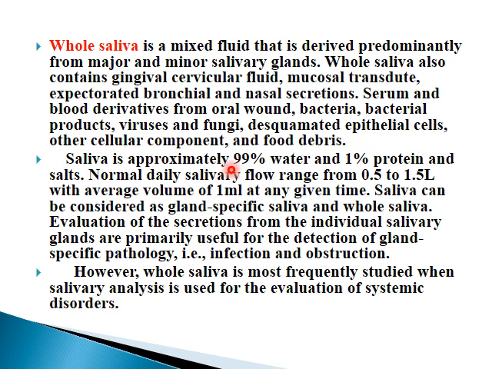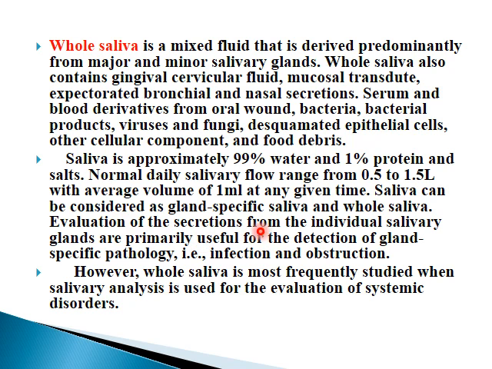Saliva is approximately 99% water and 1% protein and salts. Normal daily salivary flow ranges from 0.5 to 1.5 liters, with an average volume of 1 ml at any given time. Saliva can be considered as gland-specific saliva or whole saliva.